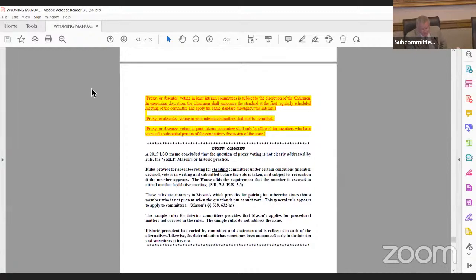There are a number of different alternatives in here, and it's not really for me to suggest, but I will say this. There have been more contentious issues when a chairman has not made clear at the first meeting of the interim how they plan on handling that. And accusations, or I shouldn't call them accusations, but concerns that, oh no, they changed their rules midstream at the last meeting of the interim because they needed that vote.